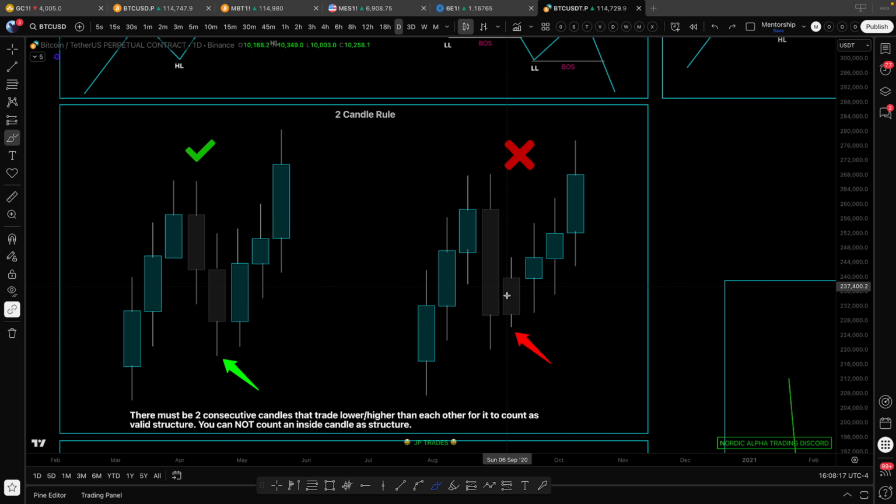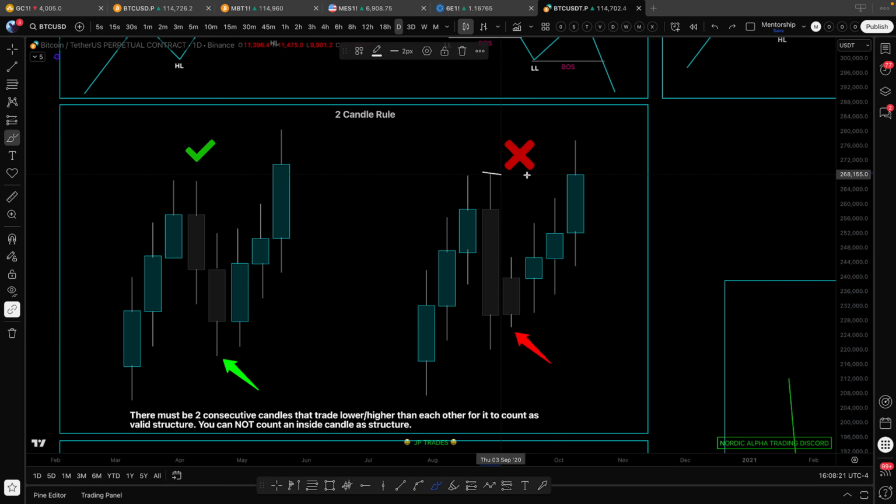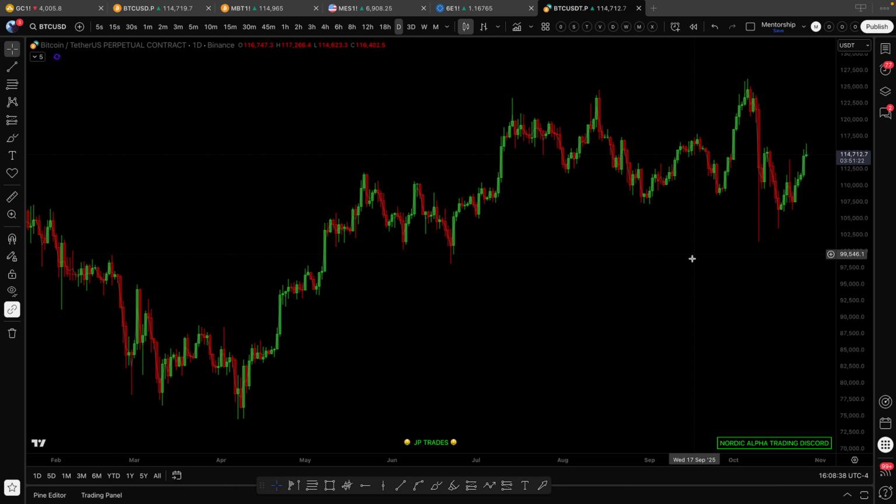If you have this second candle inside this first candle, that is an inside bar. We cannot use an inside bar. It has to trade lower than this first candle's low. So that is the basics of mapping out market structure and how we're going to learn it moving forward.